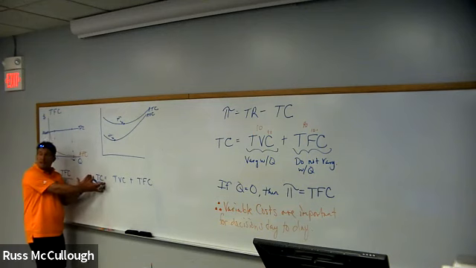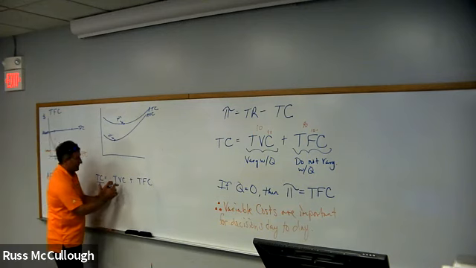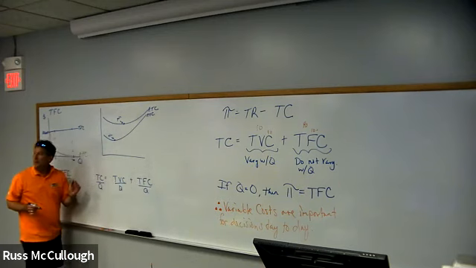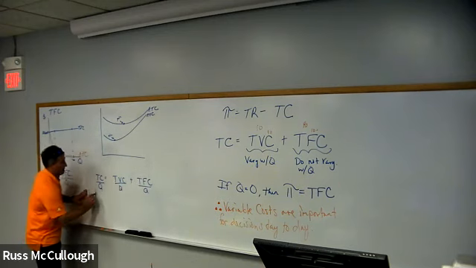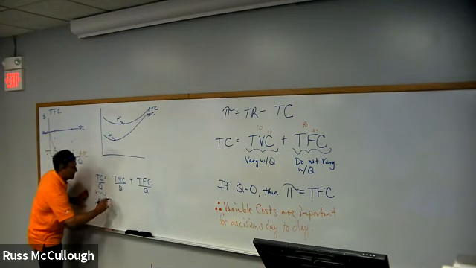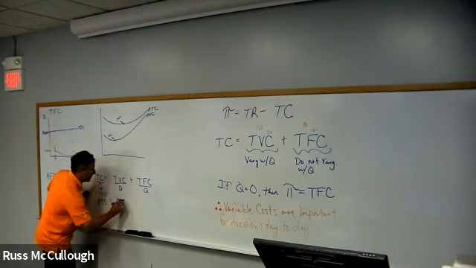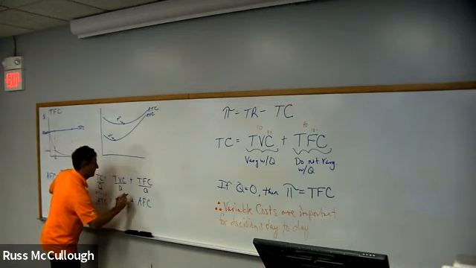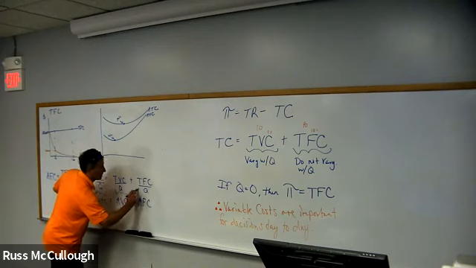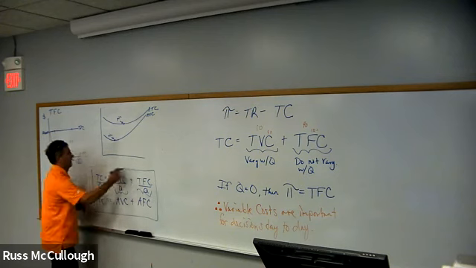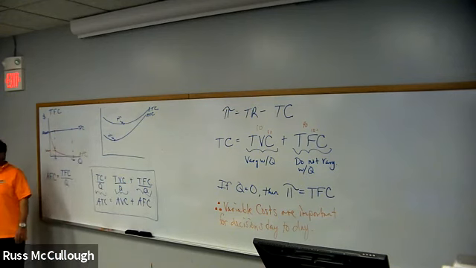What I do to one side of the equal sign, I have to do to the other side, divide by Q, divide by Q. And now we've got a nice little thing that you should have memorized. Average total cost is the sum of average variable cost and average fixed cost. So there are like five different little equations all built up into this expression, which is kind of neat.